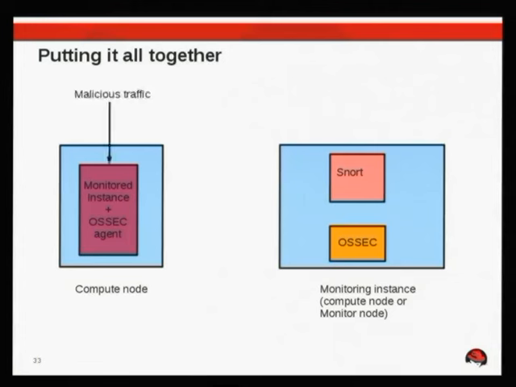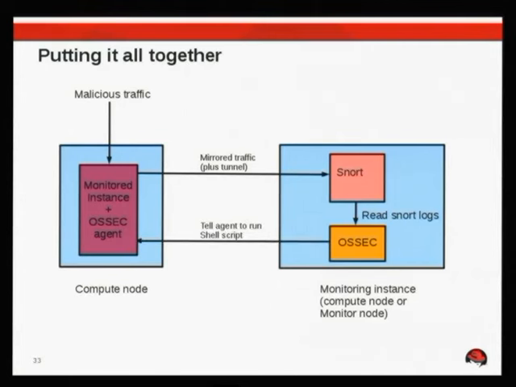So some malicious traffic comes in, and that traffic gets mirrored and read by Snort, mirrored to the other node, and then OSSEC, which is capable of reading Snort logs and parsing and understanding them, will capture that, and then it can tell the agent to run a shell script which could turn off and block that traffic.